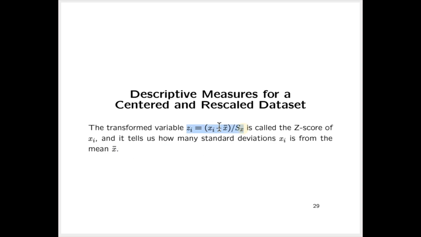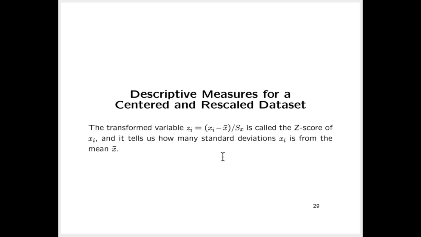So again, we can think of z sub i as having no units, or we can think of it as being in units of standard deviations of the x's. What it tells us is how far x sub i is from x bar in terms of the number of standard deviations of x.